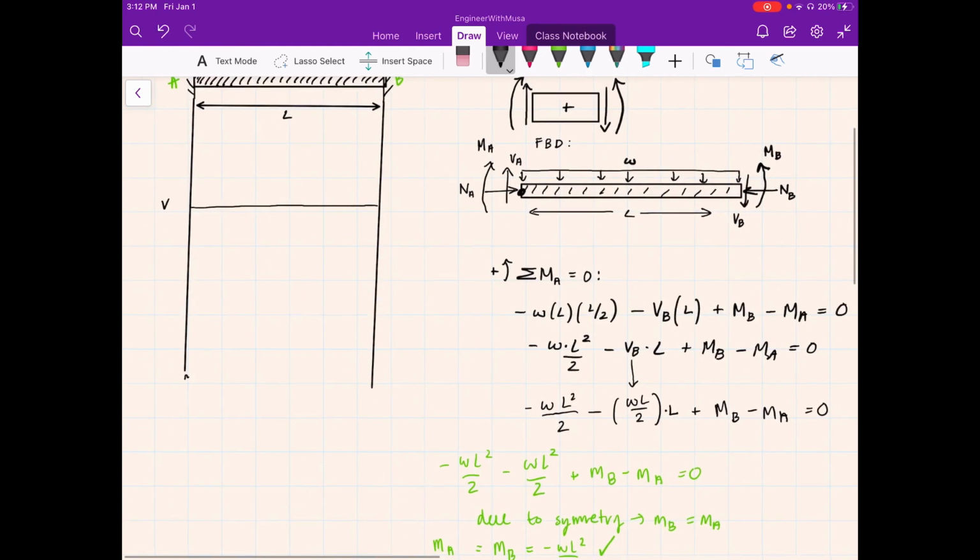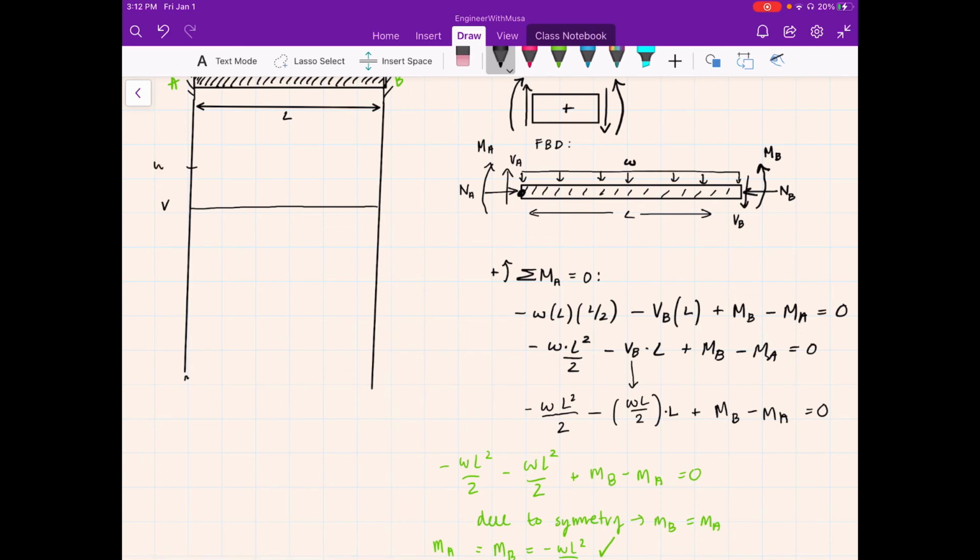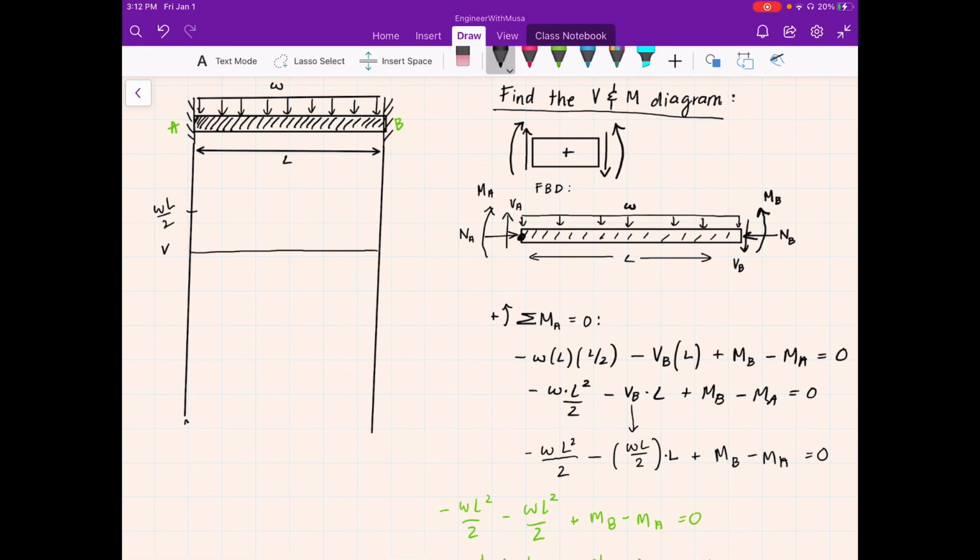So I'll go ahead and write that over here. Omega L over 2. And then we know that it's going to be intersecting this axis over here and then coming down. And so that is going to look something like this. And this is going to be the positive side, and that's going to be the negative side.